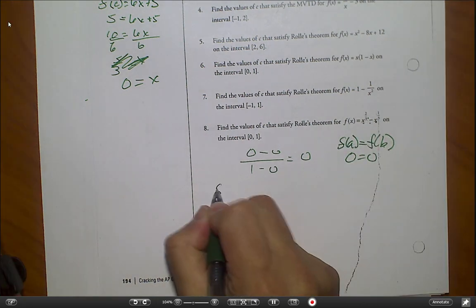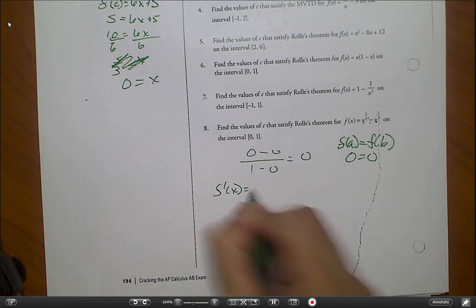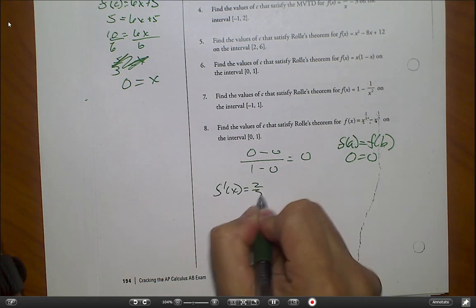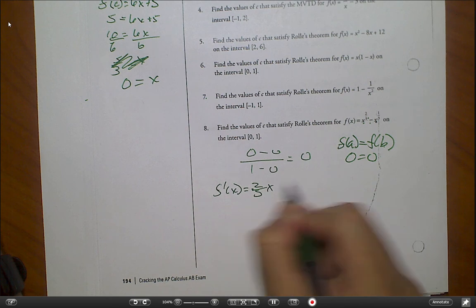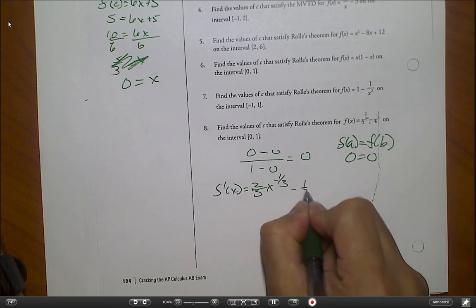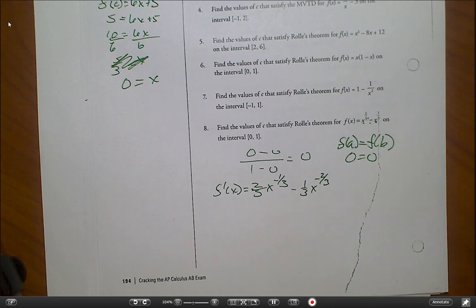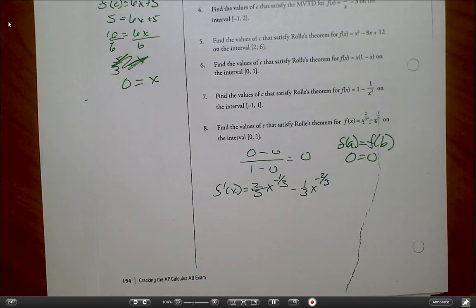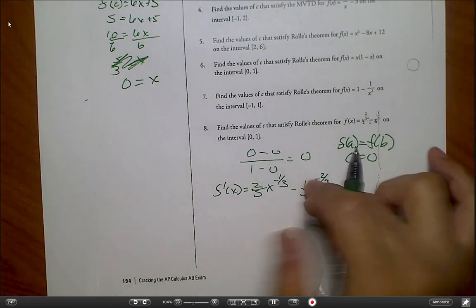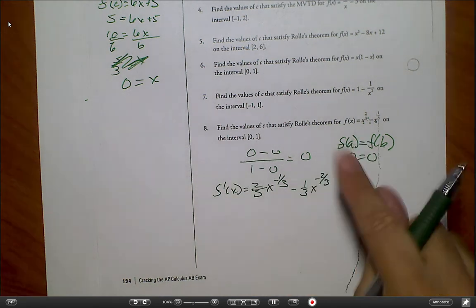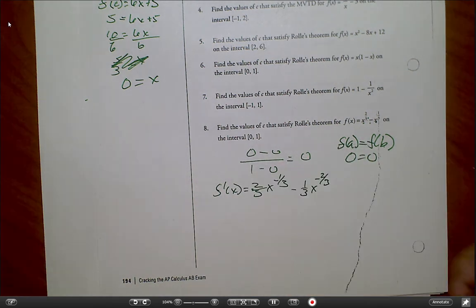So f prime of x is equal to 2/3 x to the negative 1 over 3 minus 1/3 x to the negative 2 over 3. Yeah? Okay, good.